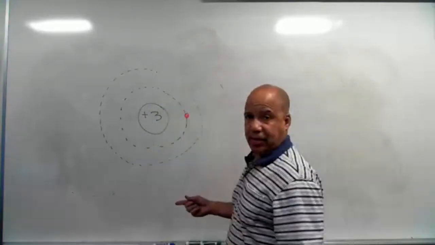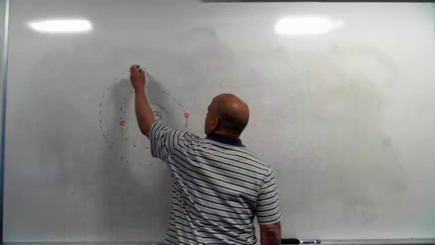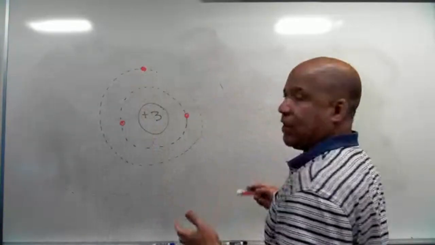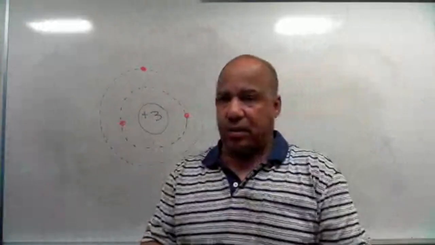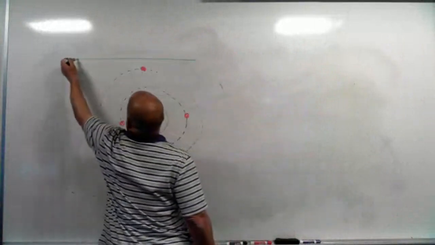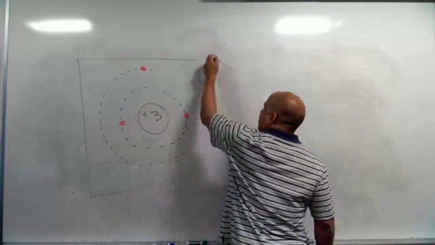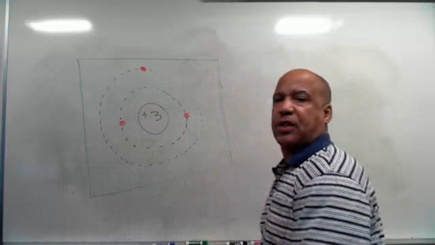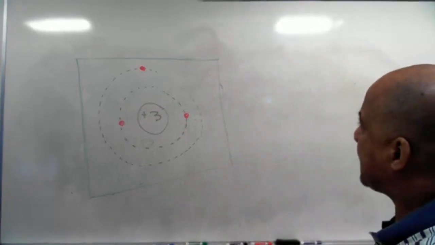But that K shell has a shell capacity of 2, so the other one is maybe over here. And then we'll put the third one out there. So now, I have a neutral atom. And what I'm going to do is, I'm going to put this imaginary box around it. I got this imaginary box around that atom. How much charge is in the box? And what I'm asking is, what's the net charge in the box?